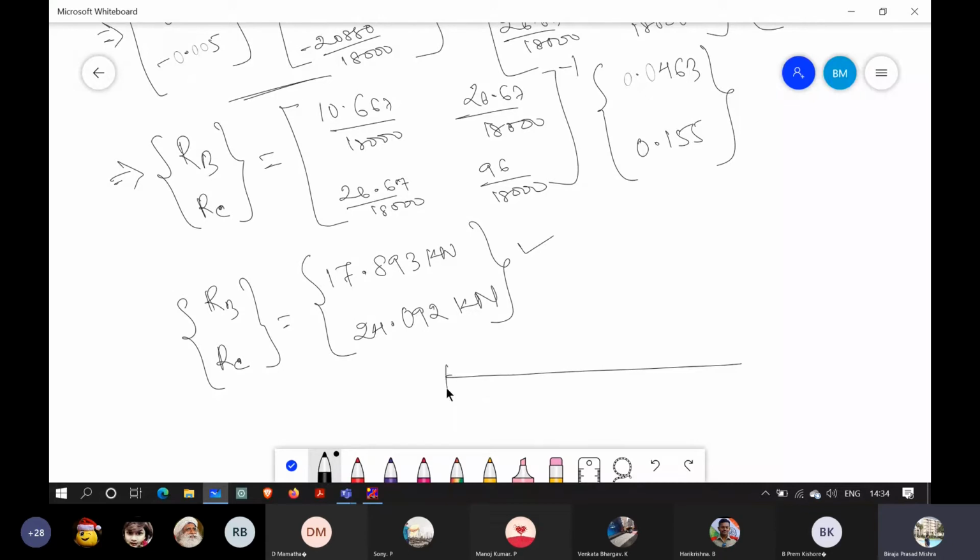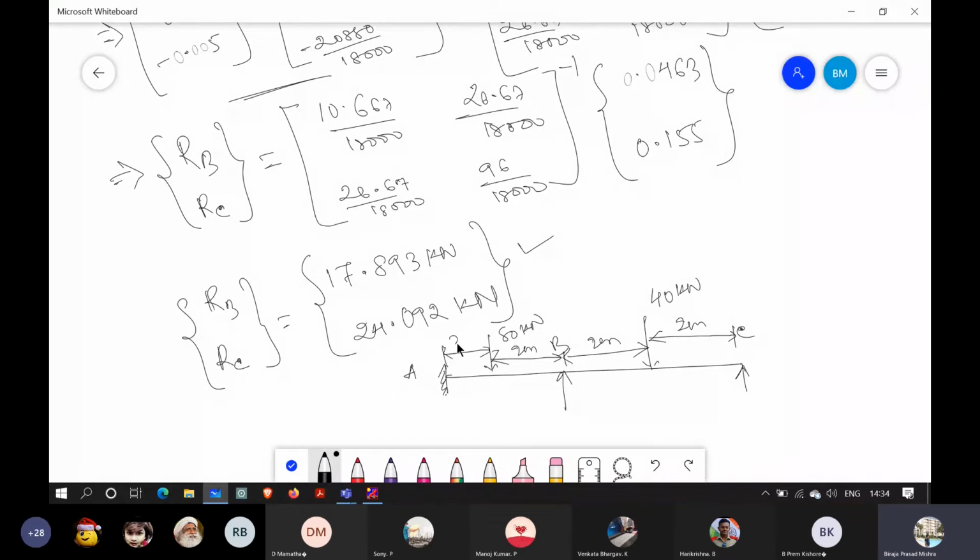So this was your actual structure. This is A, this is B, this is C, and here we have 40 kilonewton, here we have 80 kilonewton, and this distance is 2 meters. This is again 2 meters. This one is already given as 2 meters.